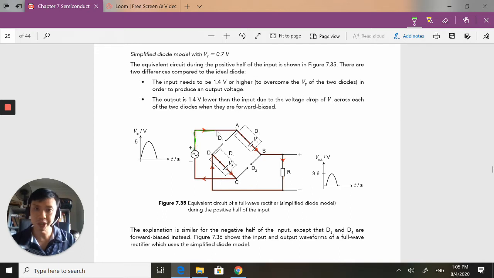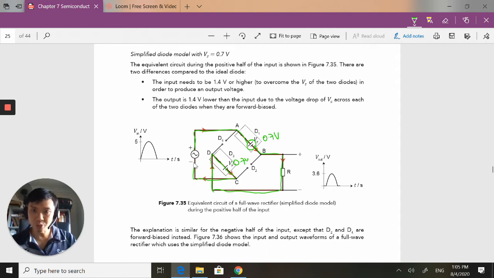Current comes through here, but over here, there's going to be a voltage drop of 0.7 volts. Current comes here, here, here. Passing through another diode means there's going to be another voltage drop of 0.7 volts.